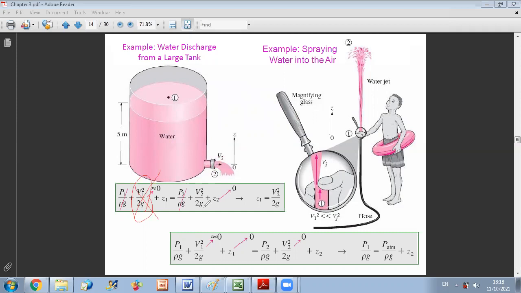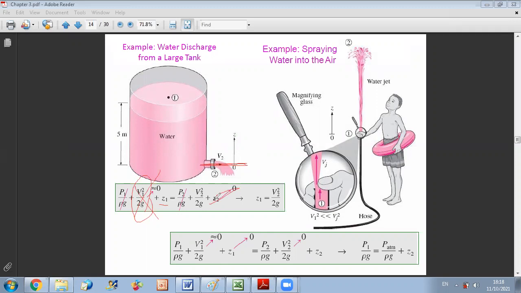So I end up with a very simple result, which tells me that z1 equals V2 square over 2g plus z2. Now, whenever I consider z, I should take a reference. So here the easiest reference will be to take it at level 2. In this way, z2 will be equal to 0.